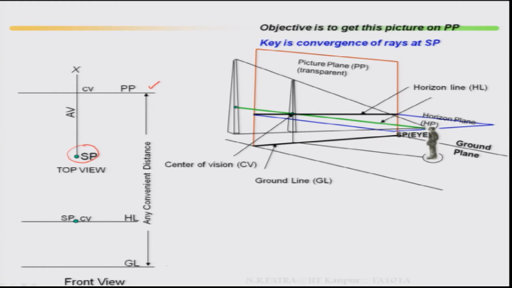On the ground line you can draw your front view. This is how you represent it in a simple 2-dimensional drawing sheet: this is your top view of the object, then the center of vision, then your station point, this line is your picture plane, then your horizon line and ground line.